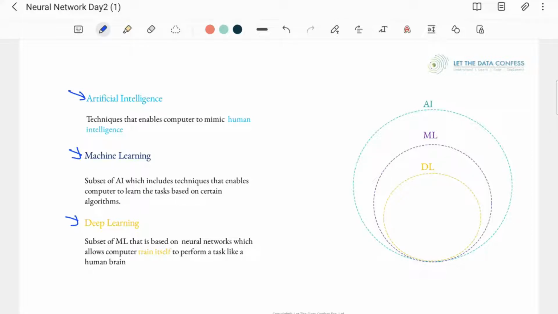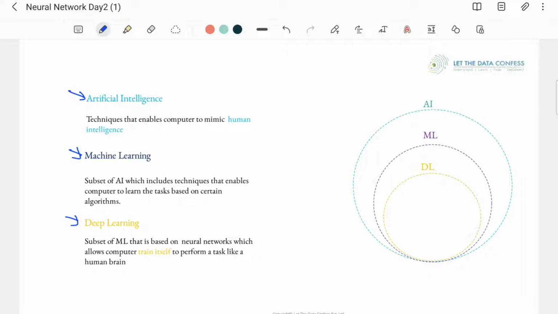Generally, if you are going to tell your parents or those people who have no idea, we use a broad term, artificial intelligence. So what is artificial intelligence? Artificial intelligence is a complete field of study that enables a computer to mimic human intelligence. I'm not saying the human brain, it's all about human intelligence.